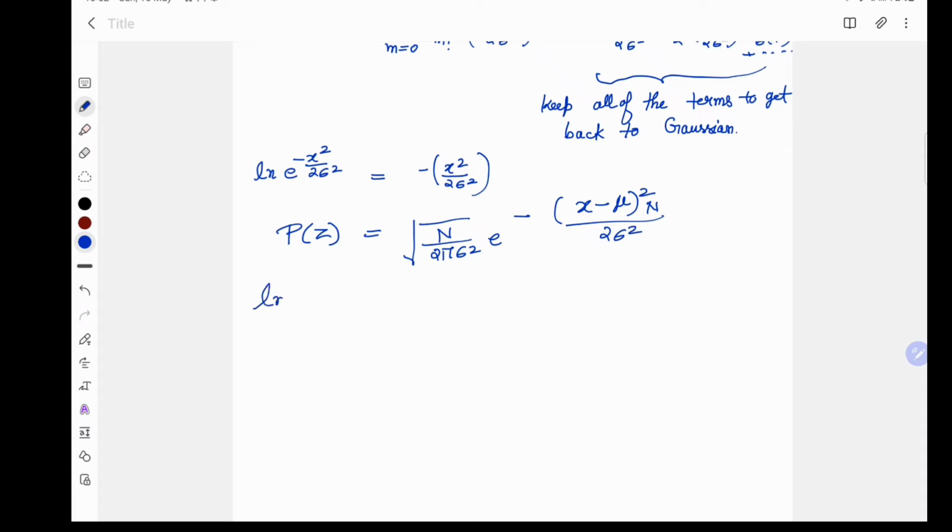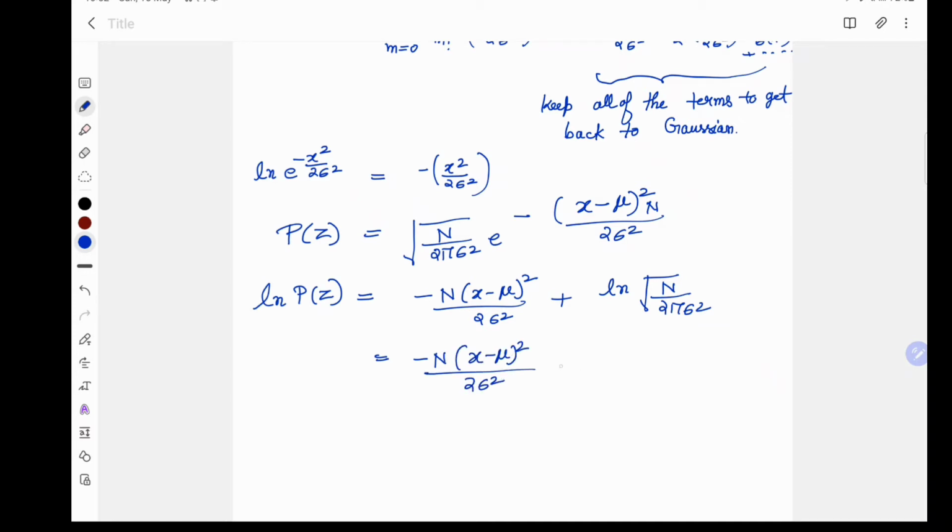Now if we take the log of pz, then it is minus n (x minus mu) square over 2 sigma square plus log of root n over 2 pi sigma square, or minus n (x minus mu) square over 2 sigma square plus 1 by 2 log n by 2 pi sigma square.